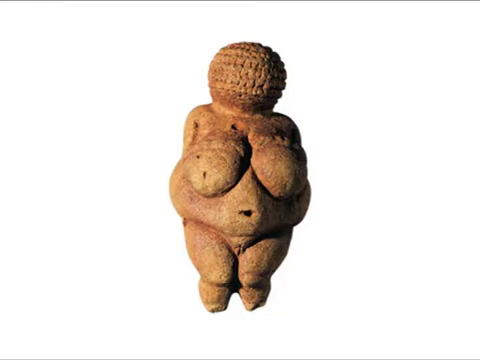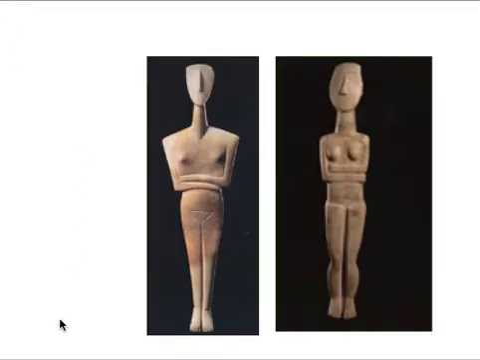So we move up through time, and this is really early Greek figures, and you'll see how simple the shapes are. At the beginning of the year, we talked about the difference between organic shapes and geometric shapes, and these are very geometric. Most early art from different cultures around the world tends to have geometric shapes.